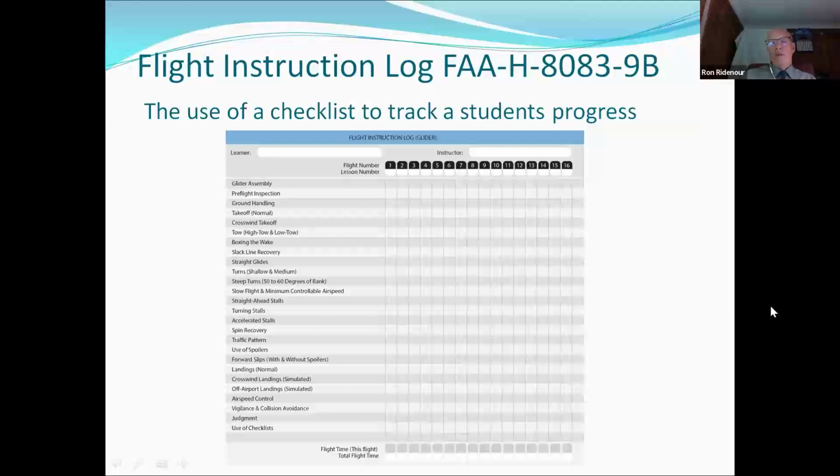Many clubs don't have the luxury of having the same instructor out there all the time. If they're flying with different instructors, the instructor can pick up a sheet like this and get a fairly good idea about where that learner is at with their instructional period. So I think it's an important step to do that.